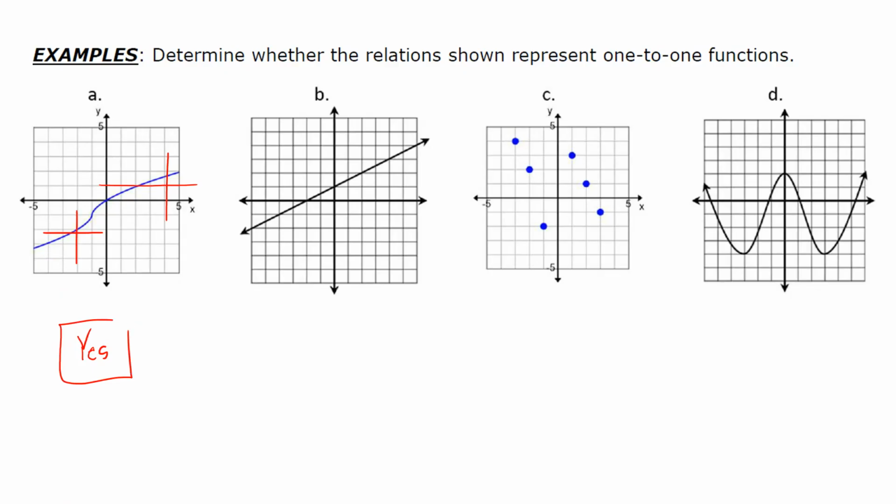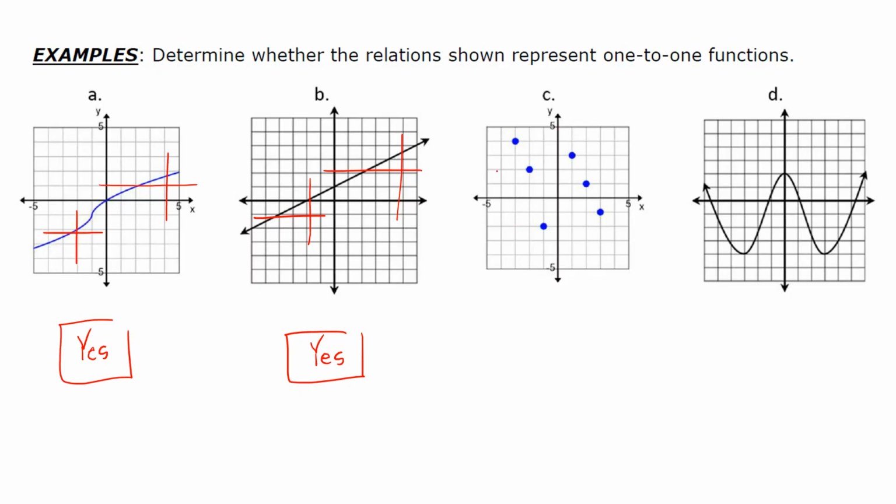All right. Next, we have a linear line. So if we draw our horizontal lines and our vertical lines, they only touch the graph one time. So we know this relation represents a one-to-one function.